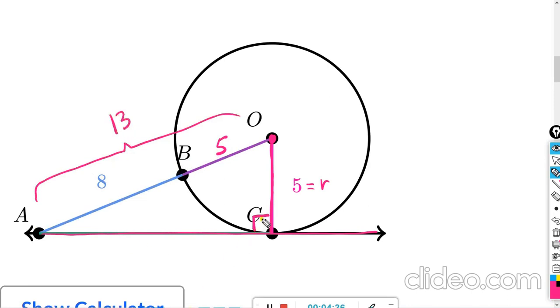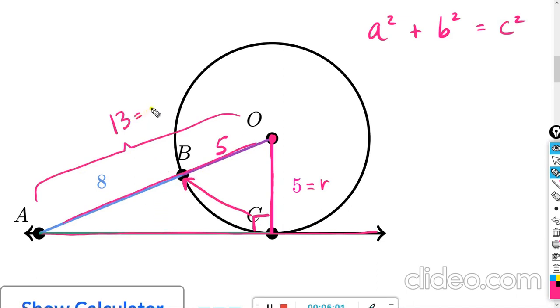Since we have a right triangle and we have 2 sides, we can use the Pythagorean Theorem. A squared plus B squared equals C squared. C is always the hypotenuse, across from the right angle. So if you go across from the right angle, this whole side right here is the hypotenuse.